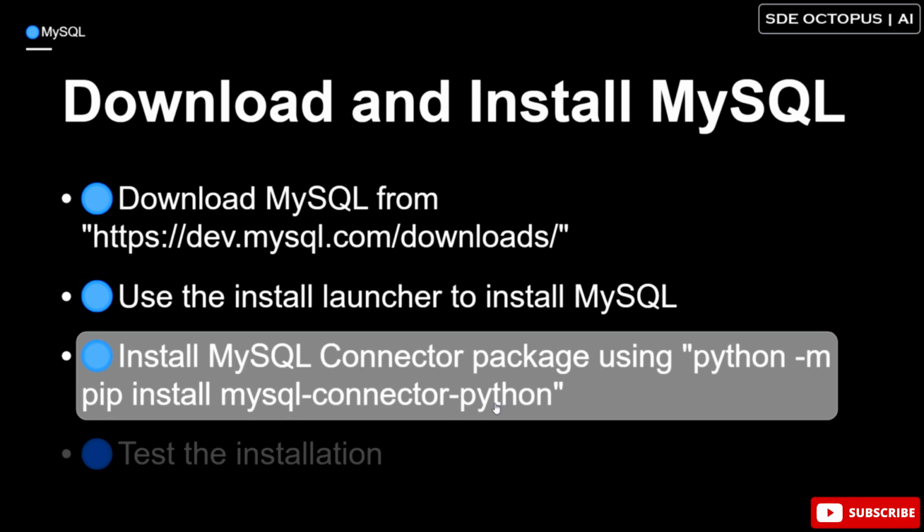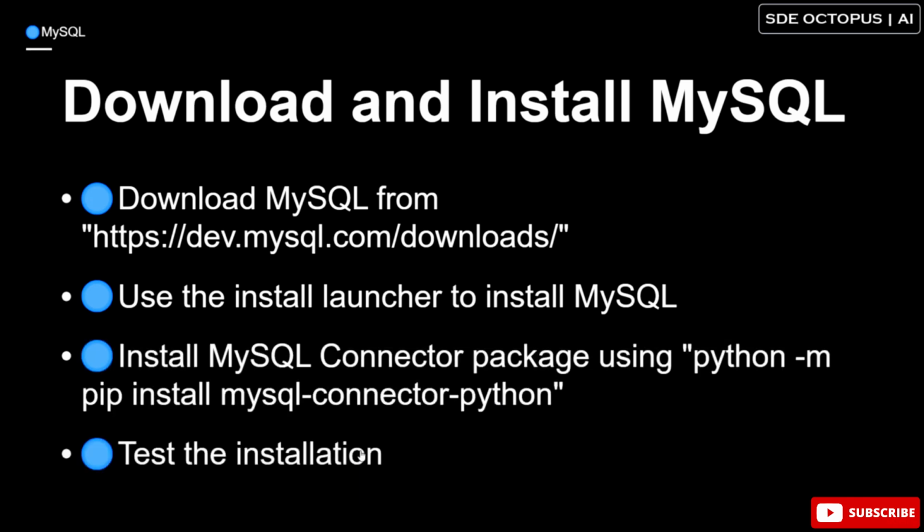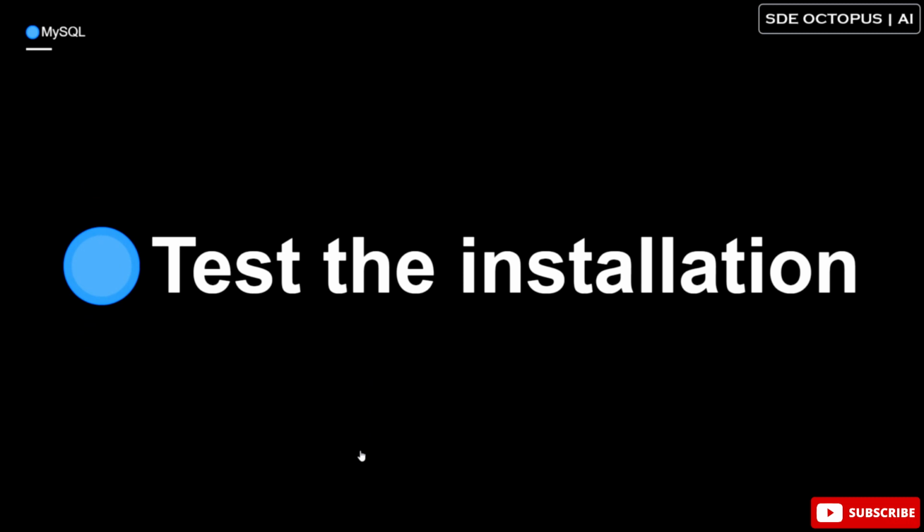We will use the pip package manager to install the MySQL connector to use MySQL in Python easily without any errors. After installing it with pip, we are going to test the installation by using the import statement to import the MySQL connector. Let me show you that in action.